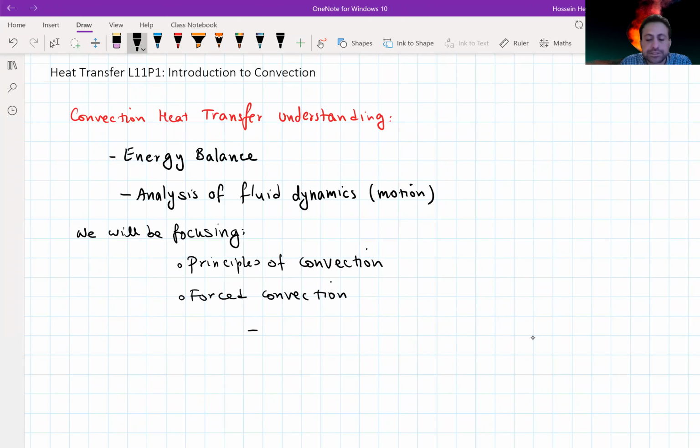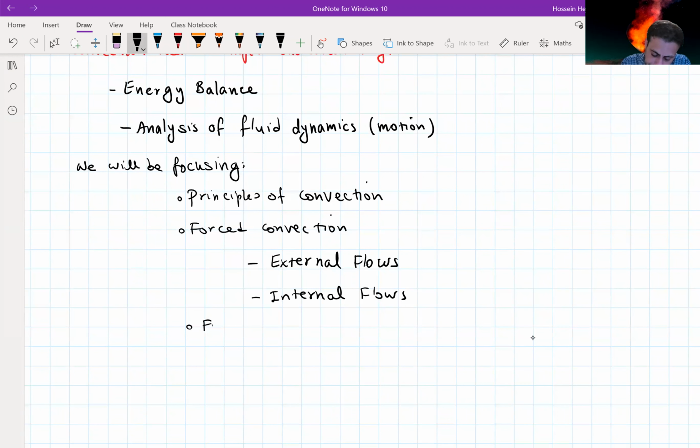In forced convection, we will look at the external flows, for example, flow over a flat plate or over a pipe or a collection of pipes, or we will look at the internal flows, such as flow inside a pipe. Then we will look at free or natural convection.